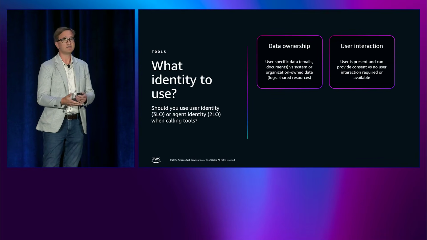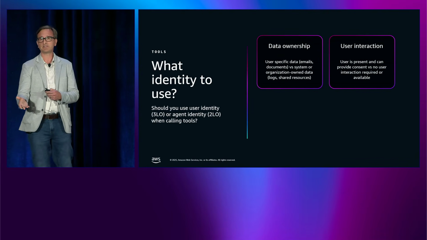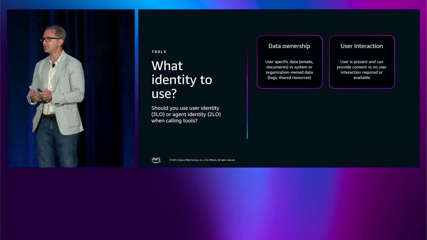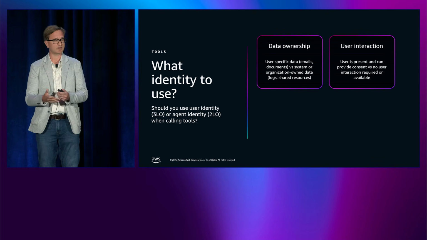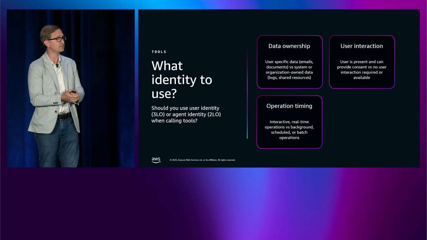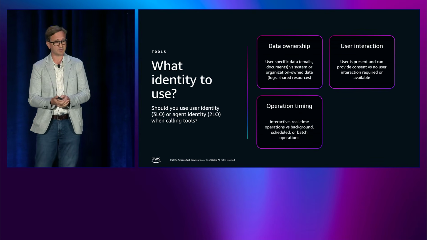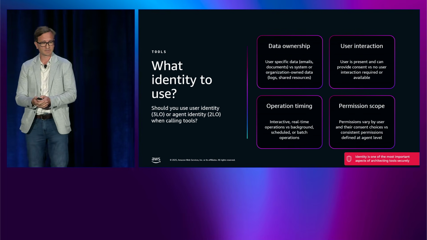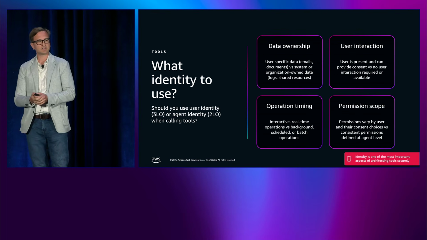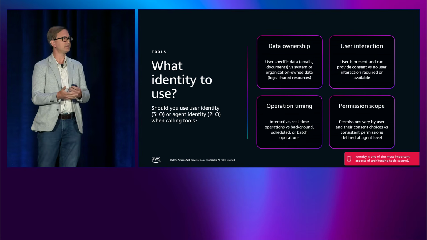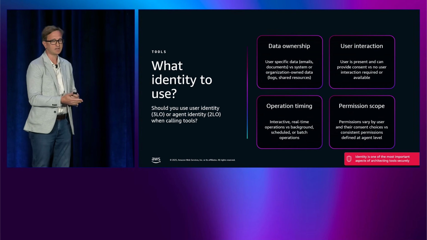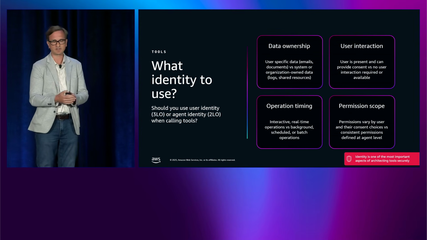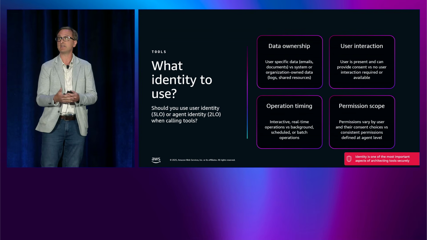If the user is present and can perform an authorization step, that, again, is potentially a user-delegated action, versus something where you have no user interaction and maybe an automated system, for example. And that goes into the operation timing consideration there. And then finally, permission scope. Permissions may vary by the user and their consent choices, versus consistent permissions that are defined at the agent level.